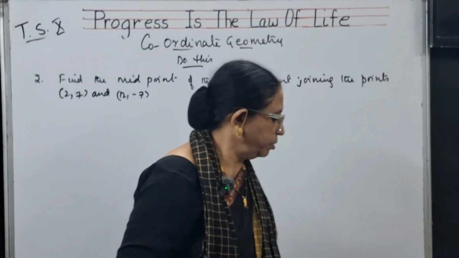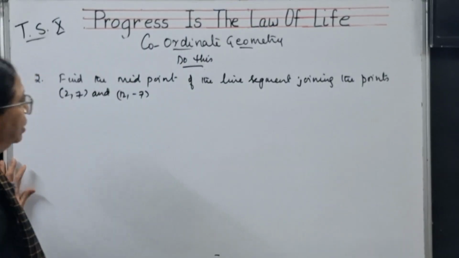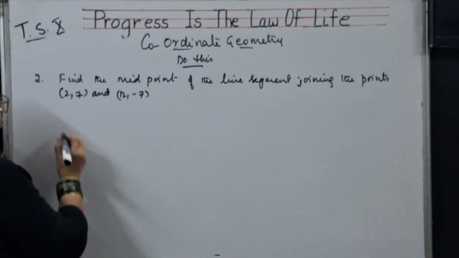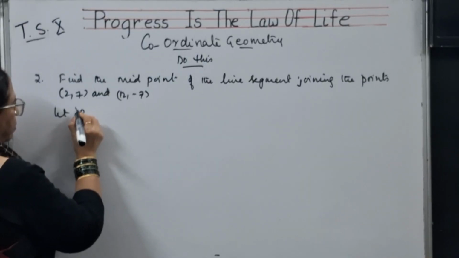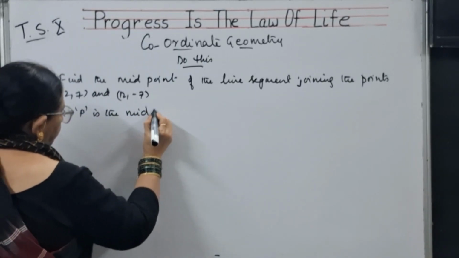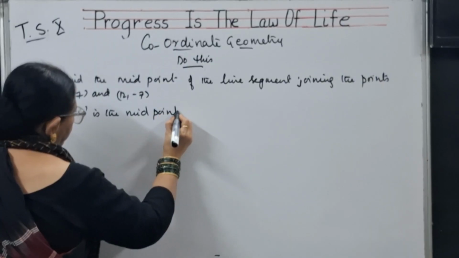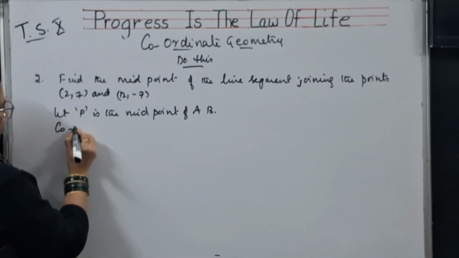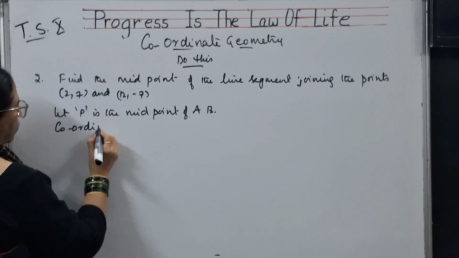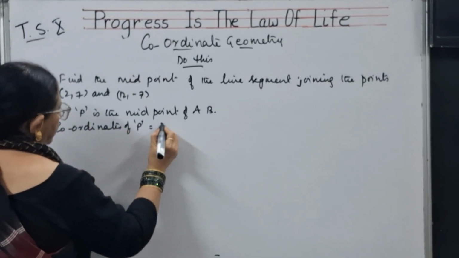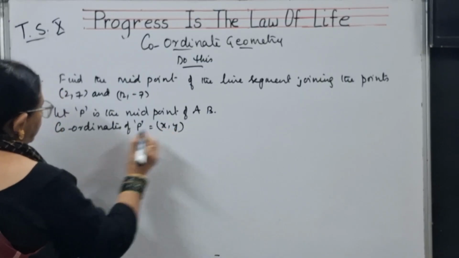Now the second problem, children. Find the midpoint of the line segment joining the points 2, 7 and 12, minus 7. Let P be the midpoint of AB. Coordinates of P is equal to x comma y.